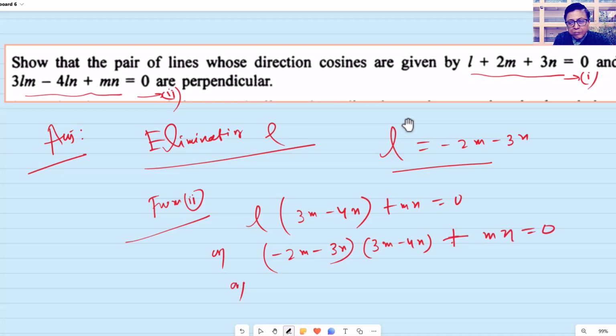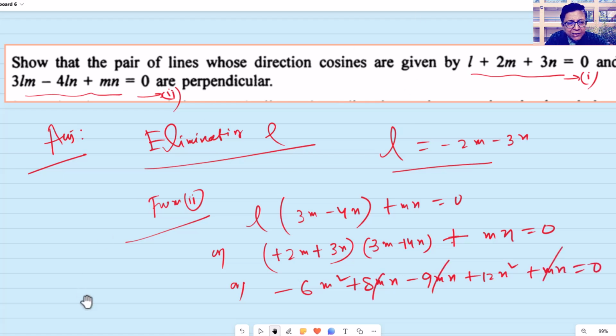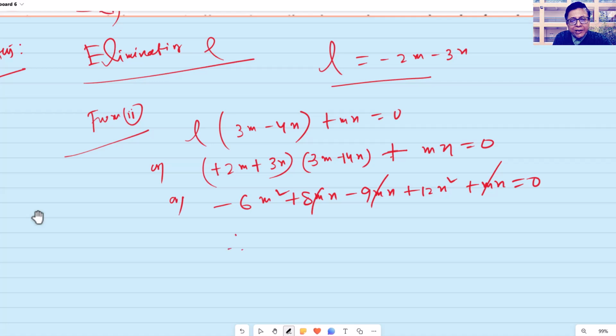Clear? Take minus 1 common from here, minus 1 from here. So this is minus 6m square, 8mn. This mn part is getting cancelled. So what do you get? So m square is 2n square.